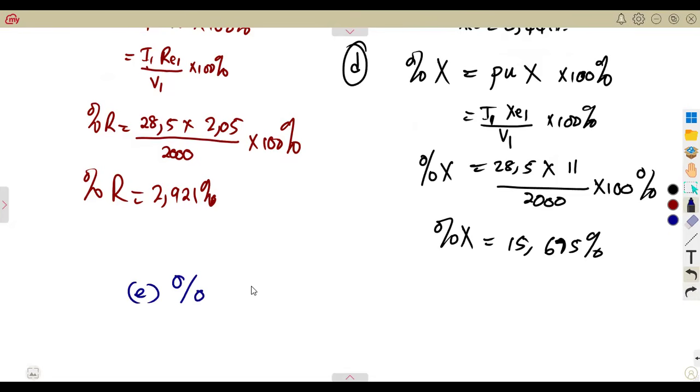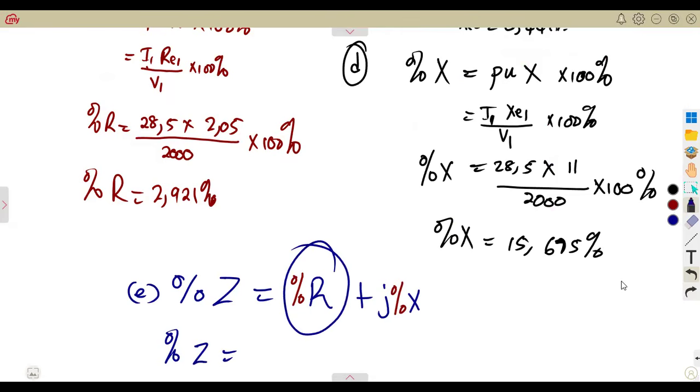So the percentage impedance will be equal to, instead of us having resistance plus JX here, no, we are going to have percentage resistance and also percentage reactance. Where we calculated these percentages, it's there.